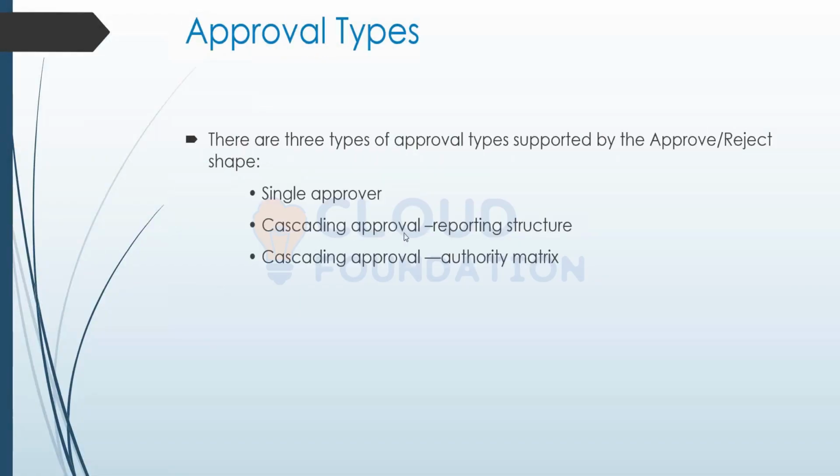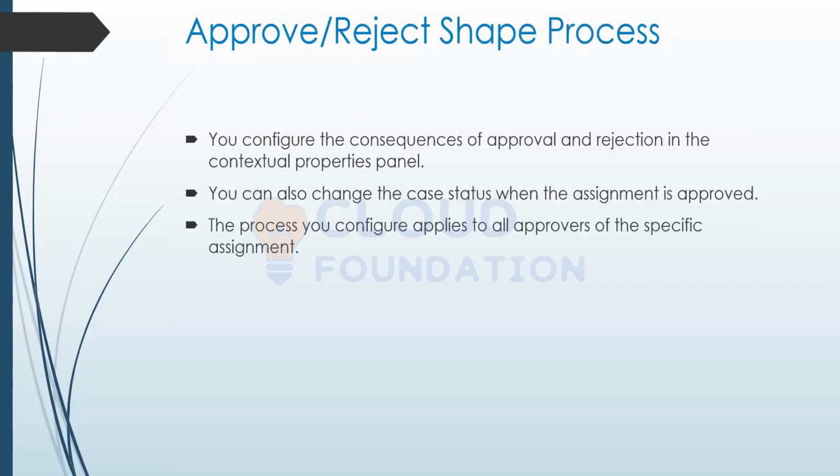Typically, two types of cascading approvals are available. One is based upon the reporting structure. The other is based upon the authority matrix. A reporting structure based approval: suppose there is a project budget that needs to be approved, from the project lead.